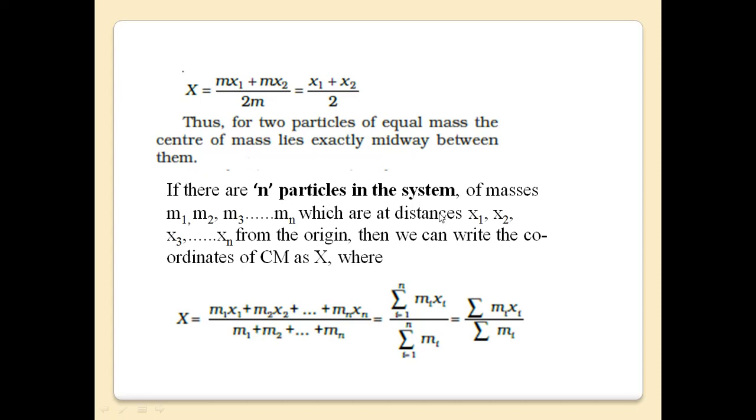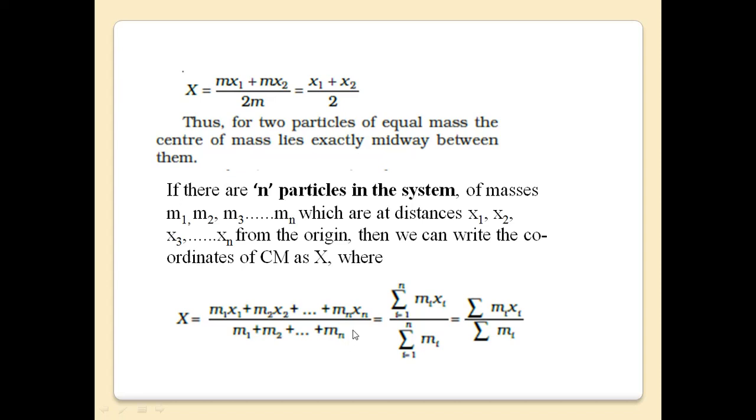Suppose there are n particles in the system along the x-axis itself. Then the formula becomes x equal to (m1x1 plus m2x2 plus up to mnxn) divided by (m1 plus m2 plus up to mn).